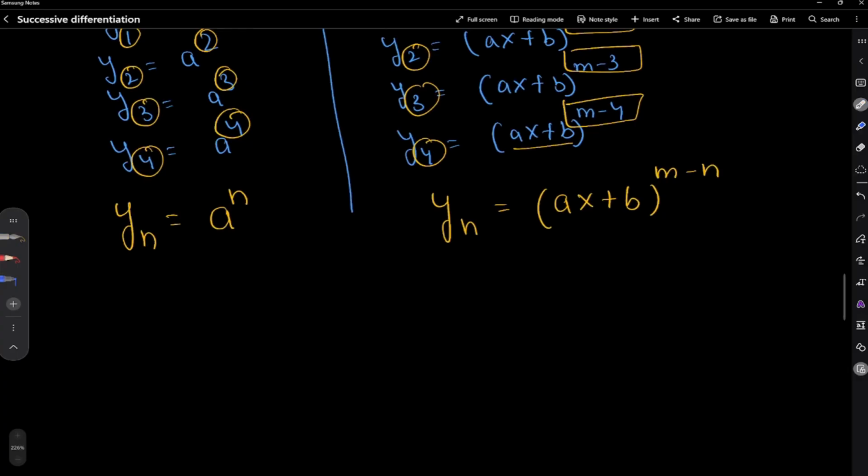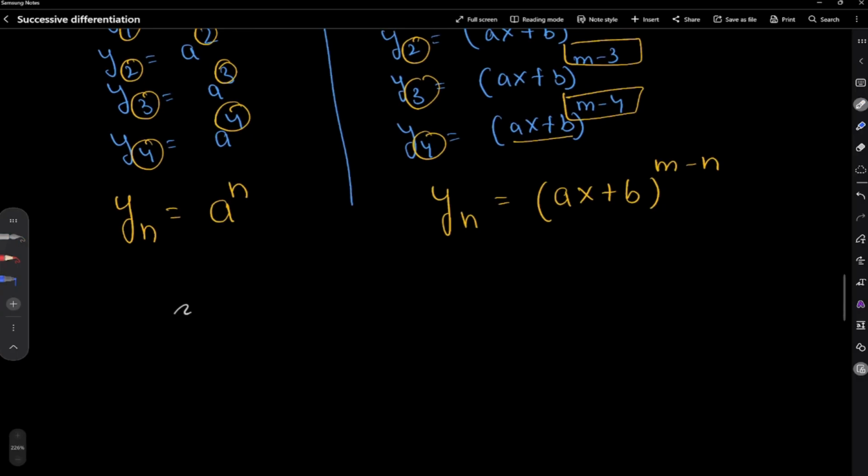It is the fourth derivative of y as m, m minus 1, m minus 2, and m minus 3. Now, to write this into a formula, first we need to know the reason why. This is an important part, so please pay attention.